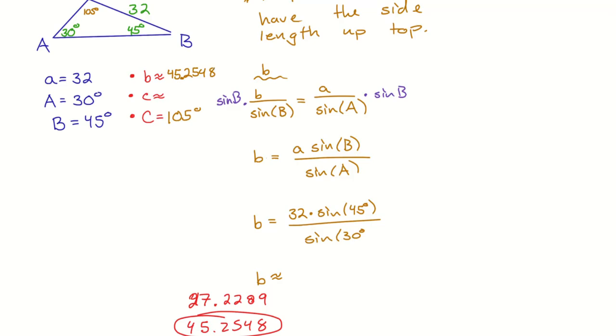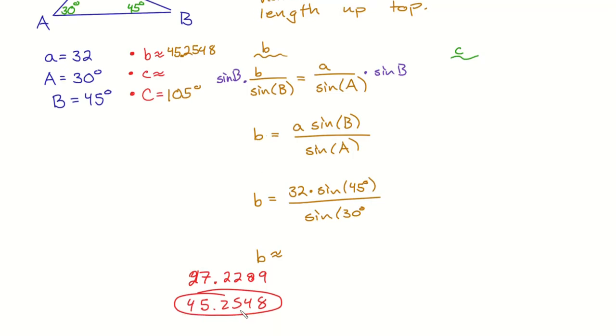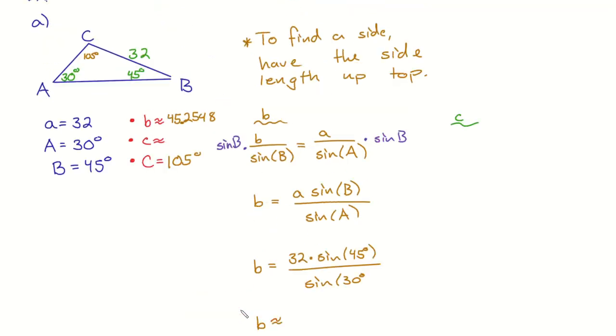I want you guys working together to also find me side C. Now, once I write this number, 45.2548, I'll write it up where we found it. When I do my next calculation, should I use that or should I use 32? You should use the first one because the numbers are nicer. I would use the first one that's not an approximation, the actual true given length of it.